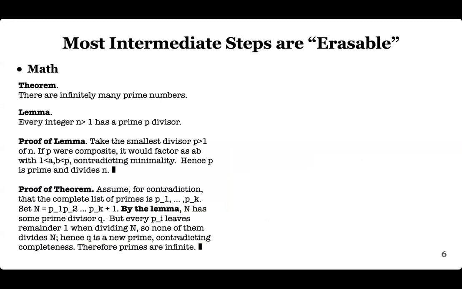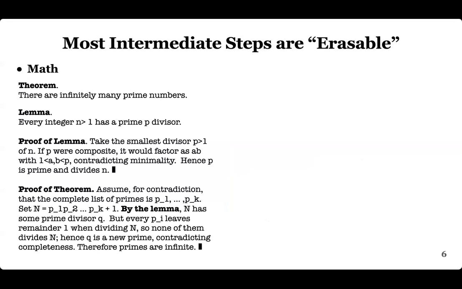But one key observation is that for human reasoning or for LLM reasoning, most intermediate steps are actually erasable once they have been used. Consider proving a theorem: there are infinitely many prime numbers. How do we prove this? We might need some lemmas, like every integer has a prime divisor.